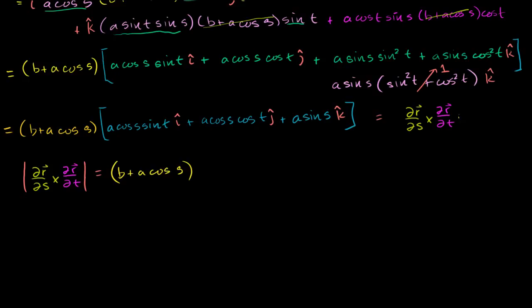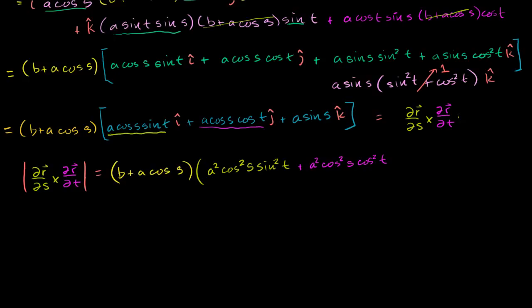So it's equal to, let me write the sum of the squares. So if you square this, you get a squared cosine squared of s sine squared of t. That's that term. Plus, let me color code it. That's that term. Plus, I'll do the magenta. Plus that term squared. Plus a squared cosine squared of s cosine squared of t.